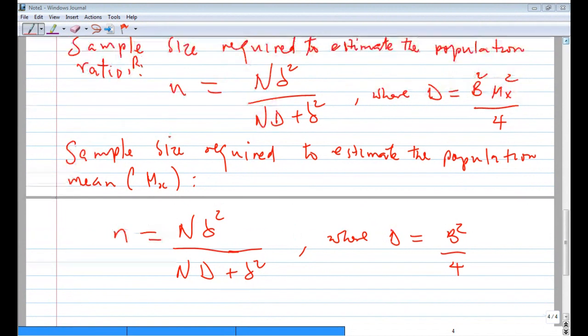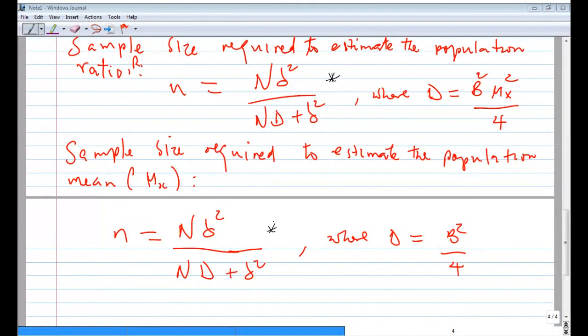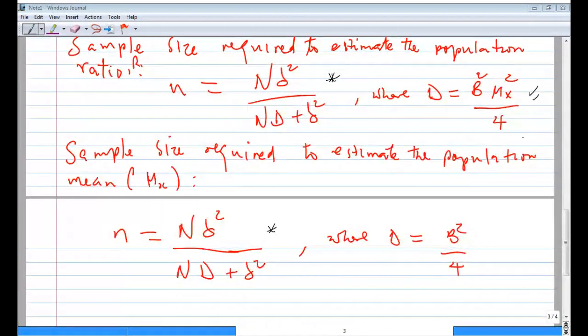Can you see the difference between the two? The first one here, which is the same as this one, is the sample size required to estimate the population ratio, but our D is equal to B squared times mu x squared divided by 4. Here, the sample size required to estimate the population mean is given by this formula, where D is equal to B squared over 4. So you have to take note of that.